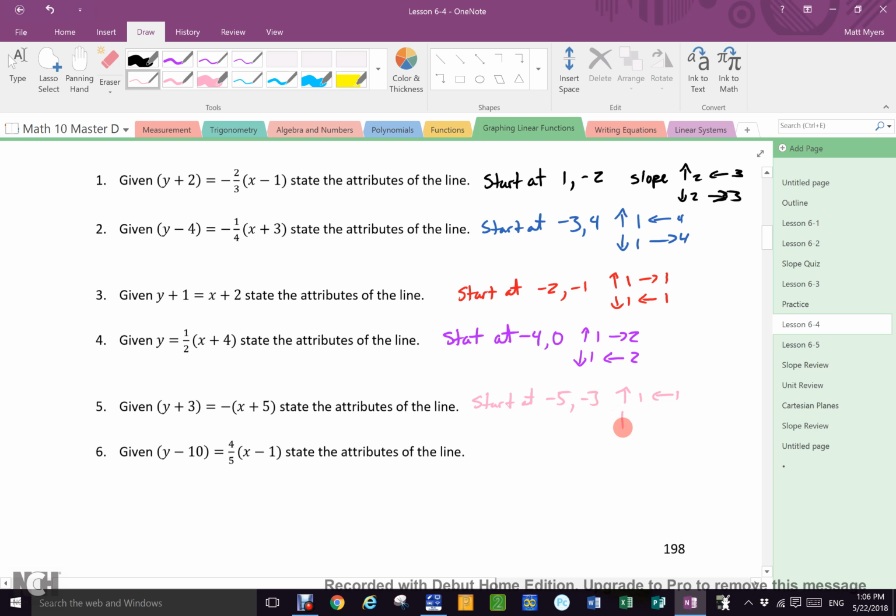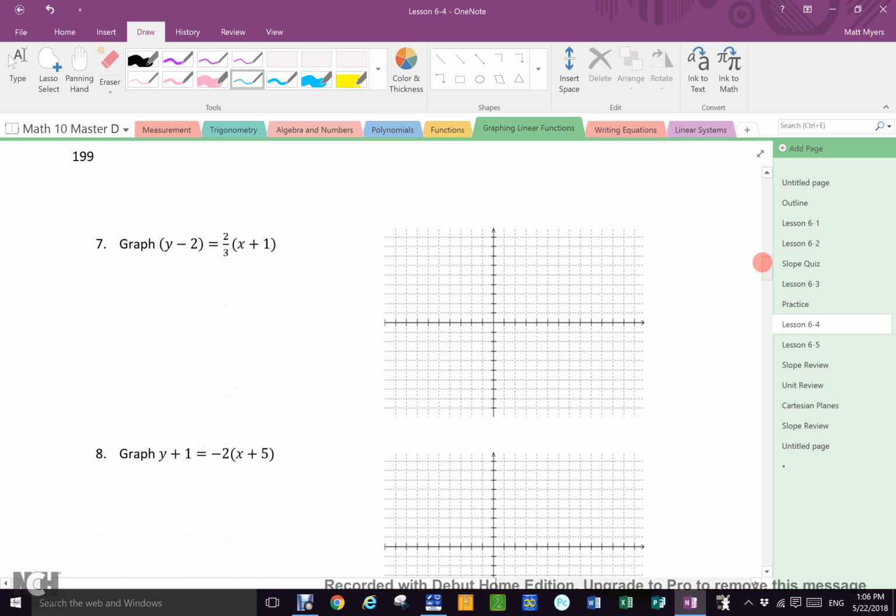Or down 1, right 1. And finally 10, up 4, right 5, or down 4 and left 5. Good job, my boys. Let's do this. A slow clap is most definitely in order.